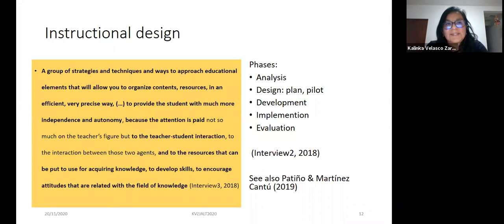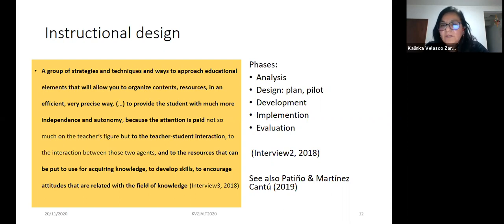What is instructional design? As it was said by one of the experts in an interview, instructional design is a group of strategies and techniques and ways to approach educational elements that will allow you to organize contents and resources in an efficient, very precise way, to provide the student with much more independence and autonomy, because attention is paid to the teacher-student interaction and to the resources that can be put to use for acquiring knowledge, to develop skills, to encourage attitudes that are related with the field of knowledge.